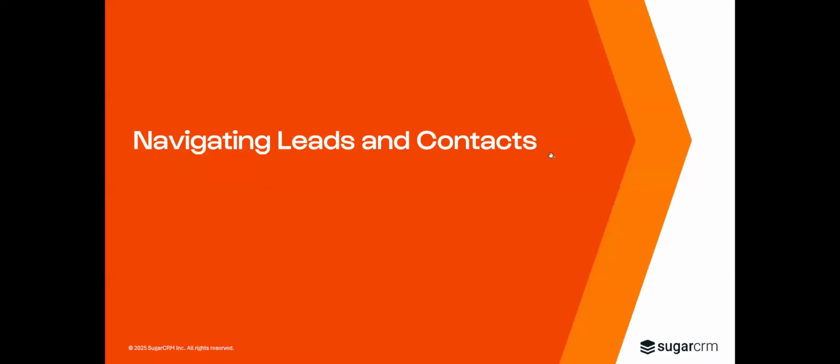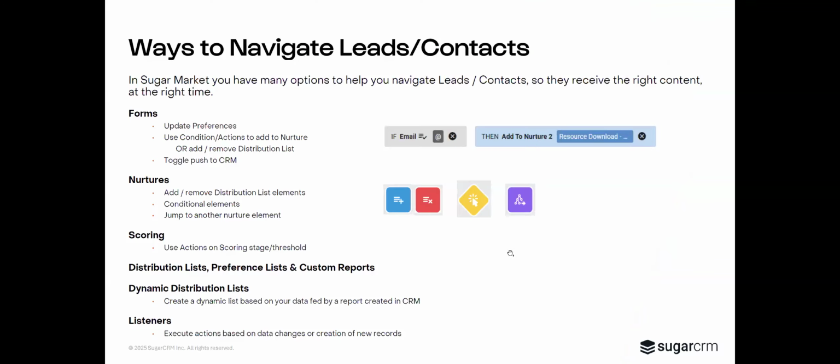Switching over to Sugar Market, how do we go about navigating leads and contacts? We have many options at our disposal in Sugar Market. Of course we have forms, and there's many things we can do with forms. We can update someone's preferences.